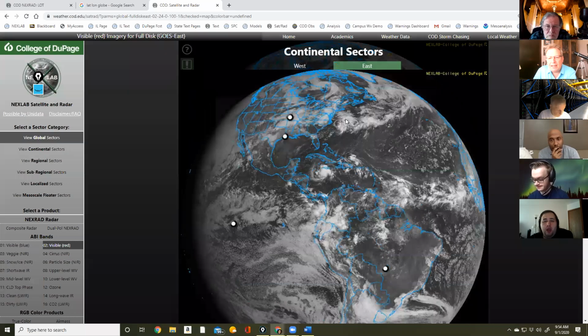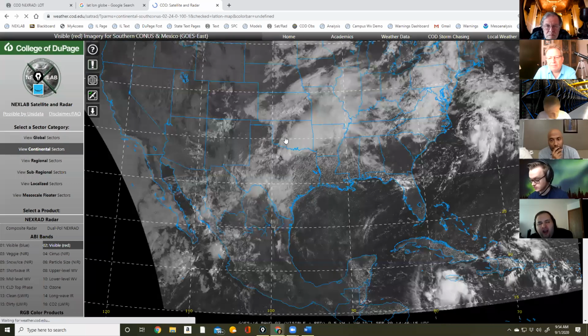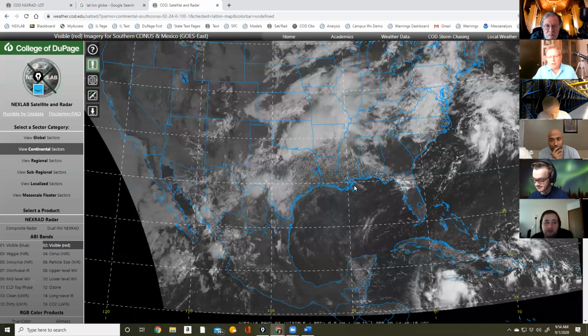But when I go to continent, do you see that this projection of the map has a little bit of curvature, but it's not the same? Look, these squares are not getting a whole lot narrower the further north I go.